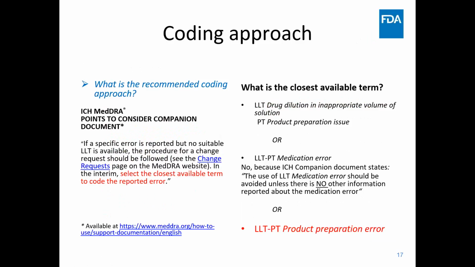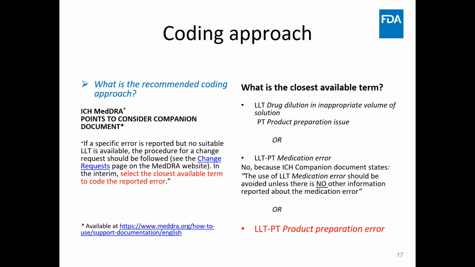Is it just medication error? And no, definitely not. Do not select medication error when there is anything more specific. The use of the medication error term should be completely avoided unless there is nothing else reported about the medication error. It is such a general term that really does not help. So then the closest available term is product preparation error.